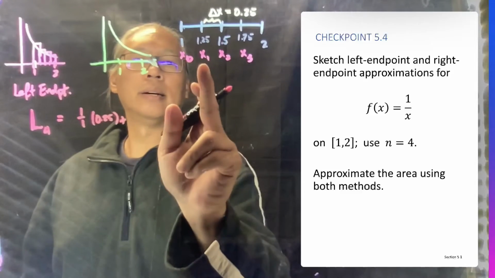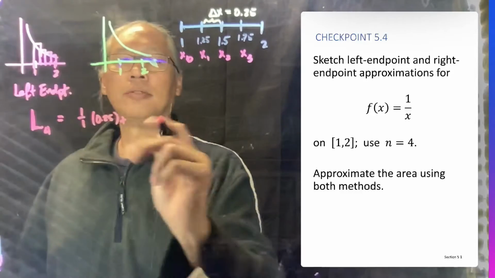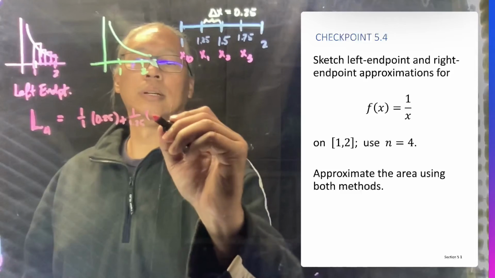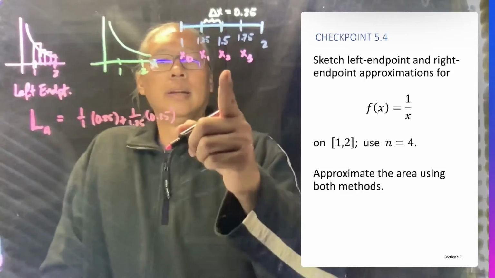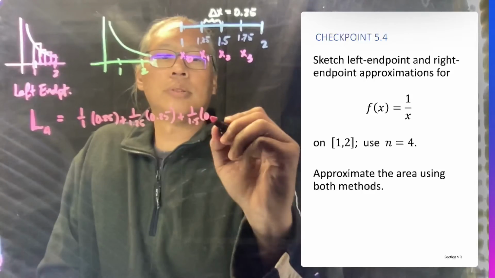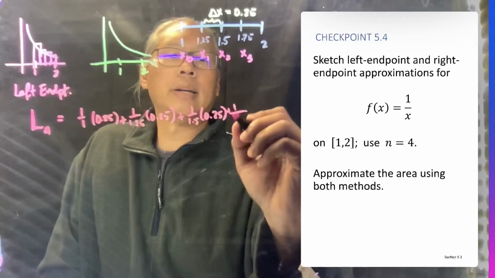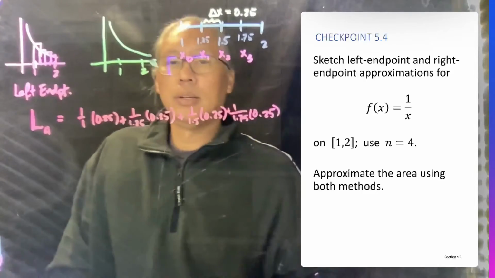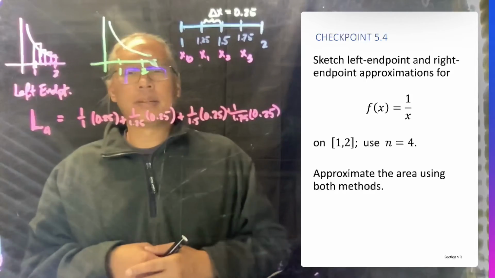And then we'll add this thing, putting x sub 1 into the function. So it's 1 over 1.25 times 0.25. And then the reciprocal of the next one, 1 over 1.5 times the base, and then the last one is 1 over 1.75 times 0.25.